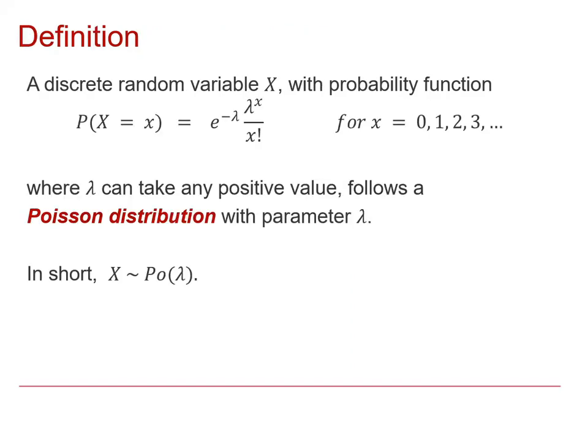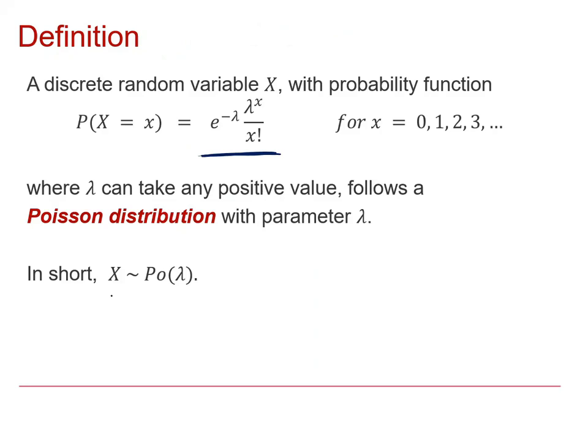Now, a discrete random variable with this probability function, for values of x from 0 upwards, where lambda can take any positive value, follows a Poisson distribution with parameter lambda.